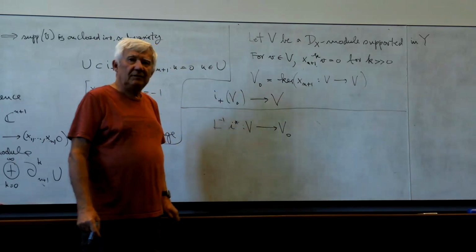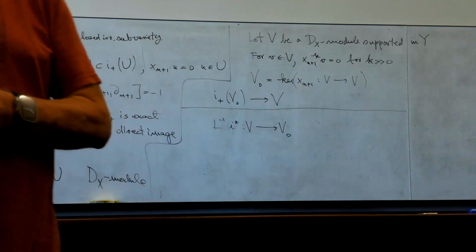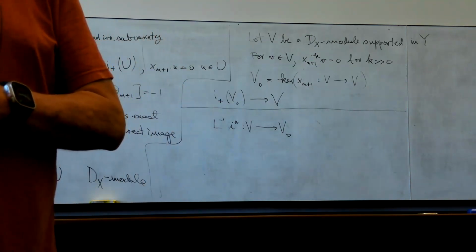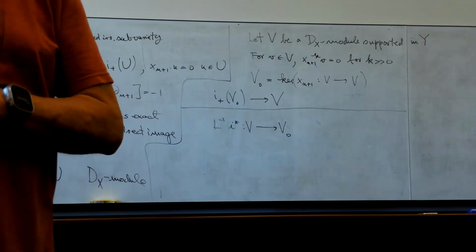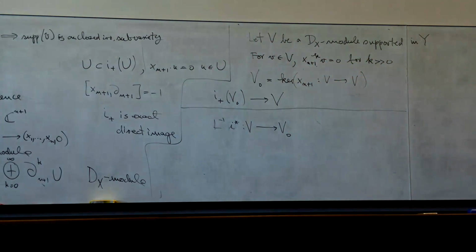So maybe it's important for the students to notice that from the definition of I upper star, the non-derived version just gives 0. Yeah, exactly. And this V0 is what abstract geometers would call a local model.